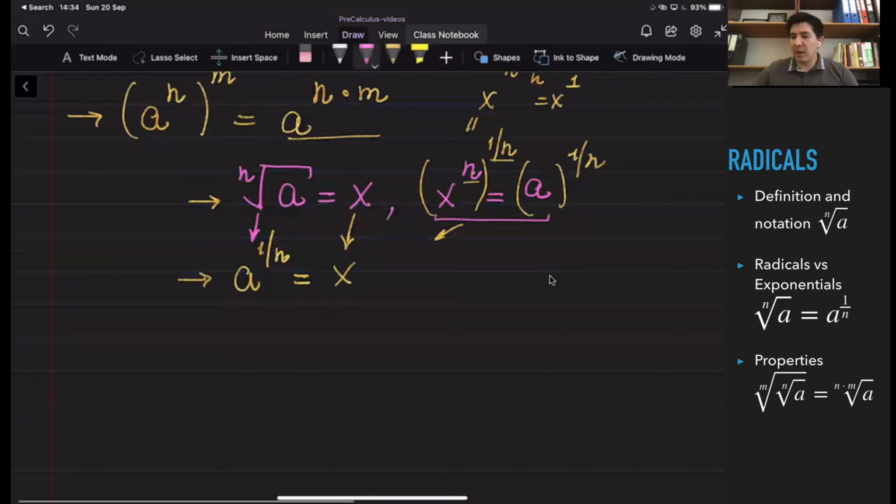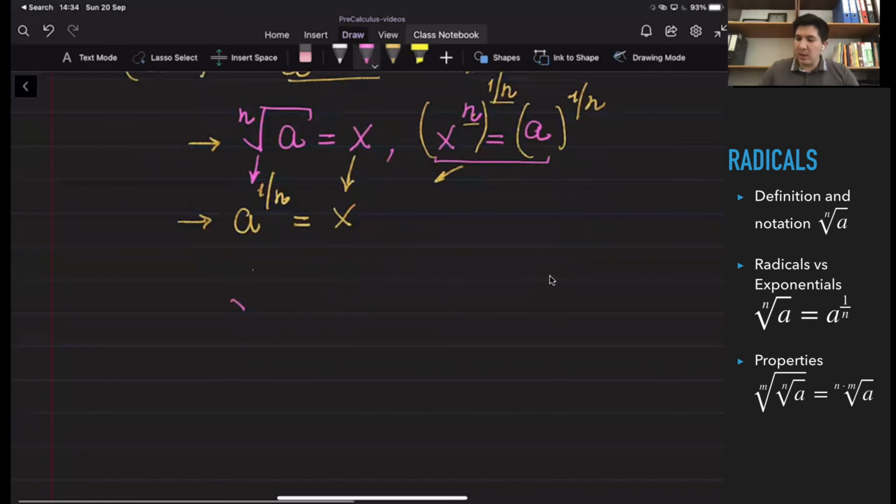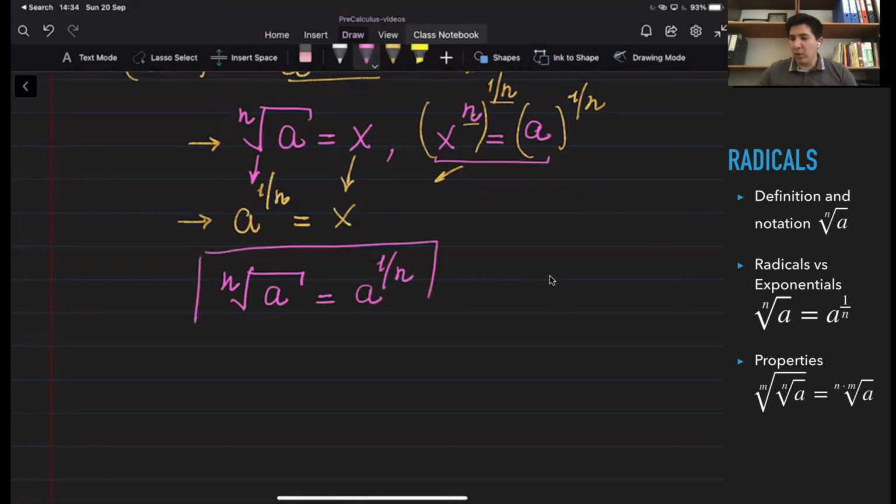So it basically gives me an equation that the root of a of n's power is going to be equal to a in the power of 1 over n, which is a super important equation, which is going to relate the radicals and the exponentials. So it appears I can connect exponentials with the radicals immediately using the rational exponentials, basically using some rational numbers here.